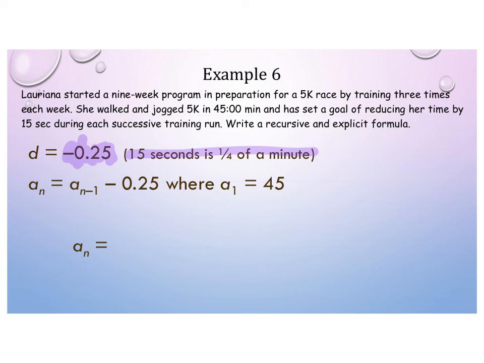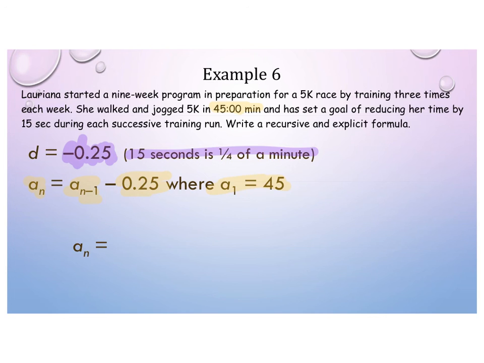All right. So now we have a sub n. A sub n is a sub n minus 1 minus 0.25. I've decreased by 15 seconds. And a sub 1 is stated as 45 because that's what she started at.